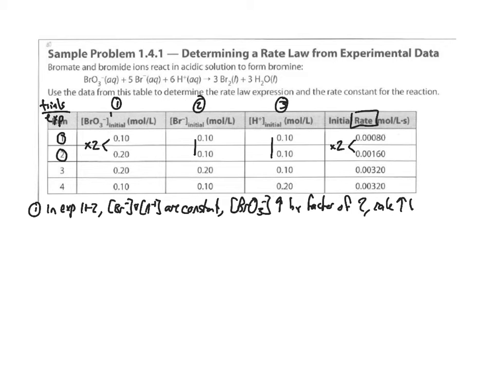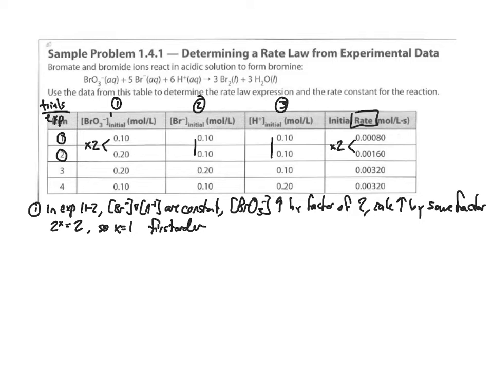Rate increases by same factor. And then mathematically, that is 2 to the x equals 2. So x equals 1, first order.